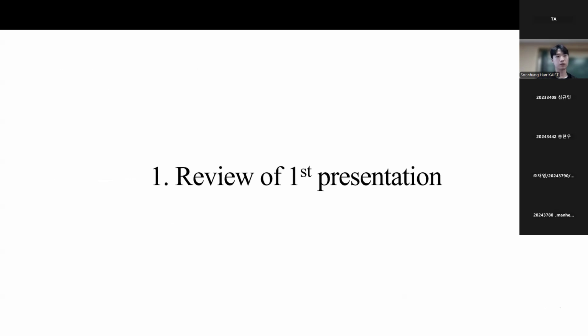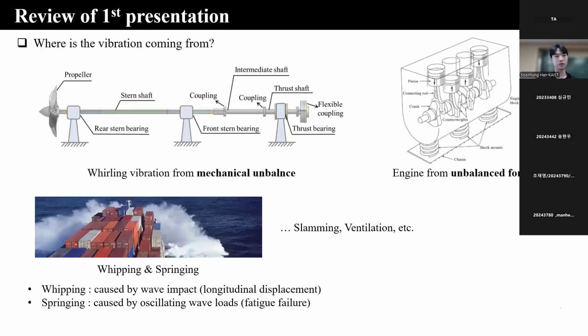So we'll start with a review of the previous presentation. Vibration is mainly generated by mechanical imbalance, such as vibration from the propeller or the unbalanced forces from the engine. Waves also cause vibration on the ship.